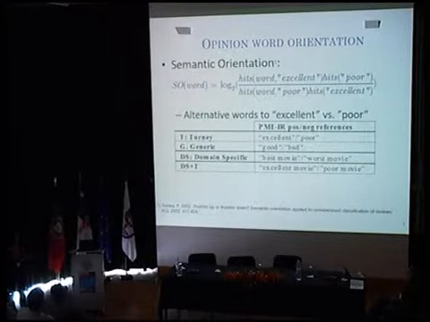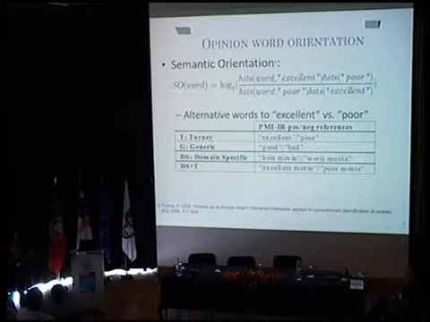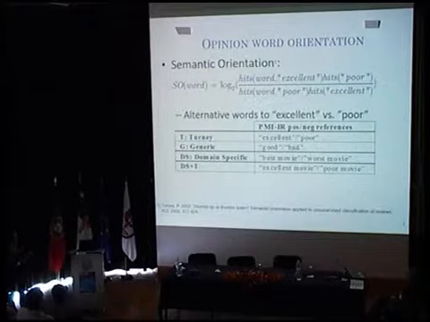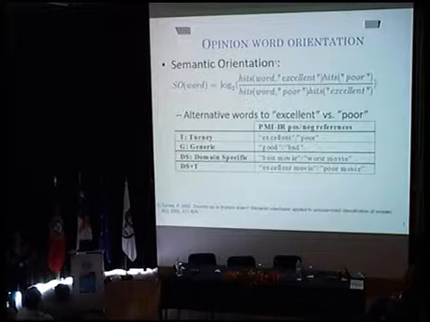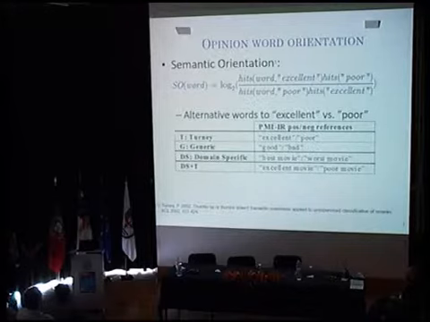So you choose more generic opinion words, and what happens is that these words are also more generic, but they are not as strong. So the intensity factor is not as strong as excellent. If I say something like, this was an excellent movie, it's not the same as if I say, this was a good movie. It's not as high. For instance, on a scale from 1 to 10, I might be at a 7 with good, but excellent is a 10.